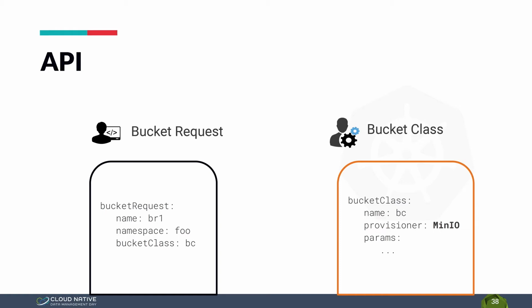So the bucket request would have no need for any changes, and it would directly point to the new bucket class, presumably in a new cluster, and whenever that is processed by COSI, it'll end up talking to Minio instead of S3 to provision that bucket. So you'll get buckets from your local on-prem object storage rather than from the cloud. So with no changes from the application's perspective, from the developer's perspective, you can just move across platforms as shown here.